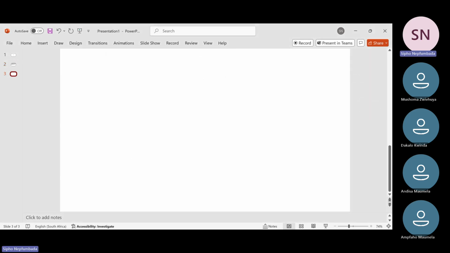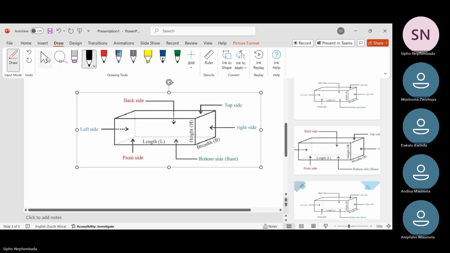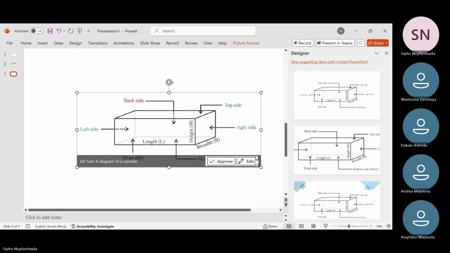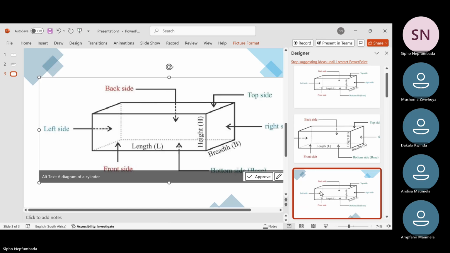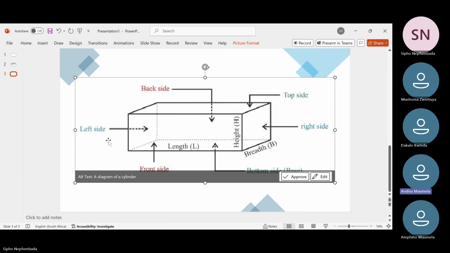What I'm saying is this. Is it visible, right? Yes, sir.